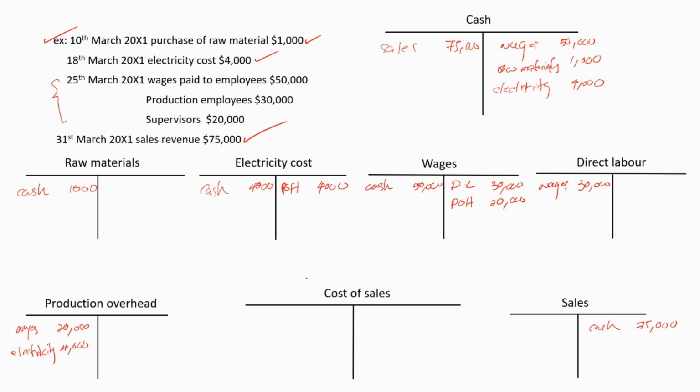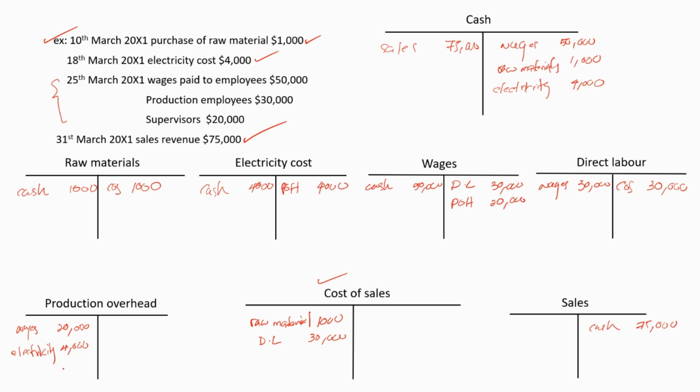Now let's include all the cost of sales under the cost of sales account. So first, direct material cost. Then the direct labor. We do not have to include the electricity cost separately because we move the electricity cost to the production overhead.